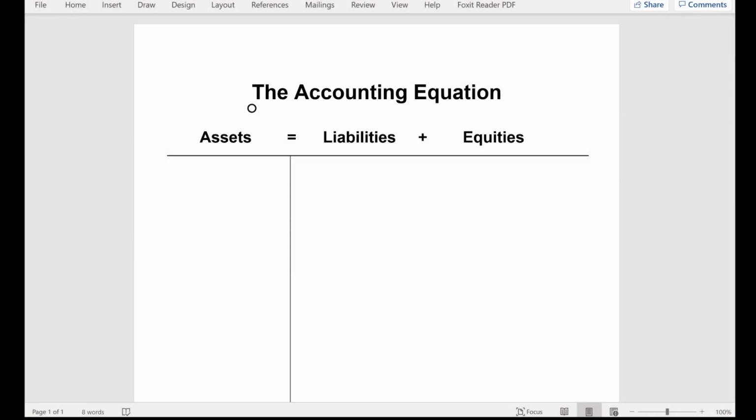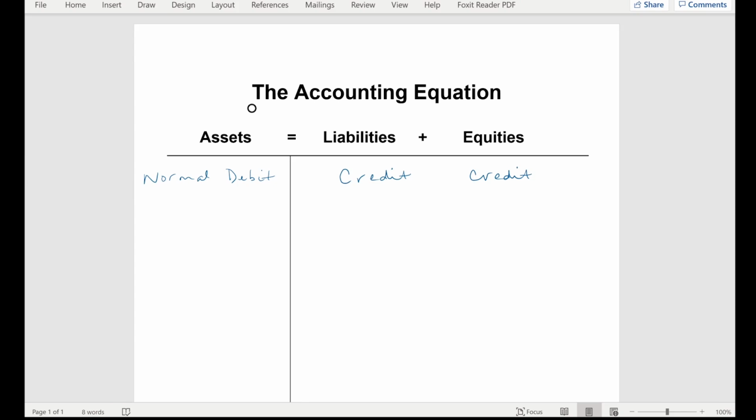Let's take a look at the accounting equation, assets equal liabilities plus equities. The normal balance for an asset account is a debit, and the normal balance for a liability account is a credit, and same with equity.